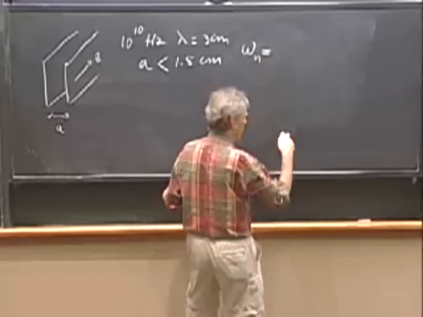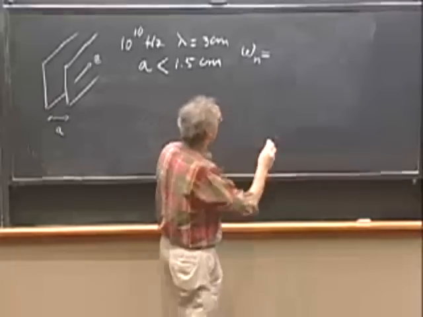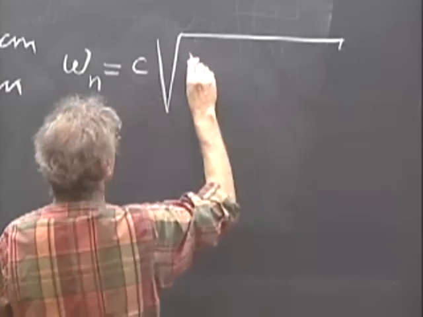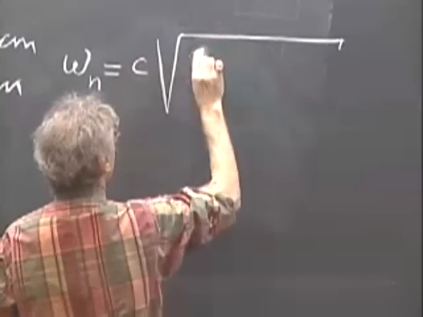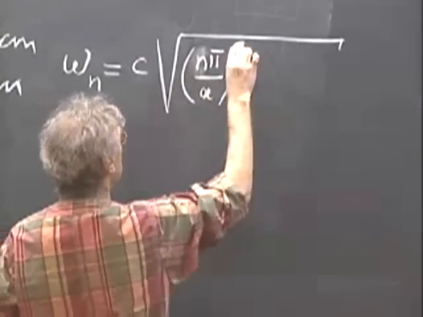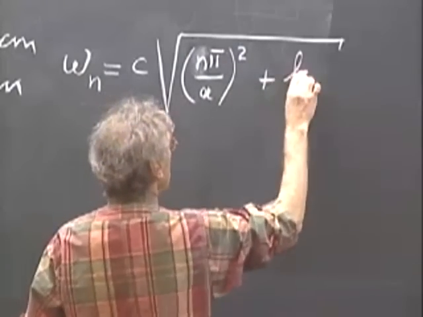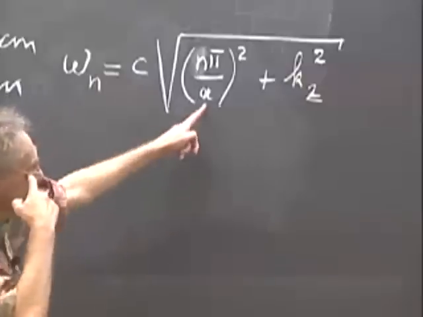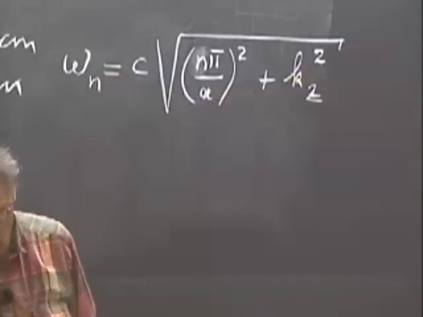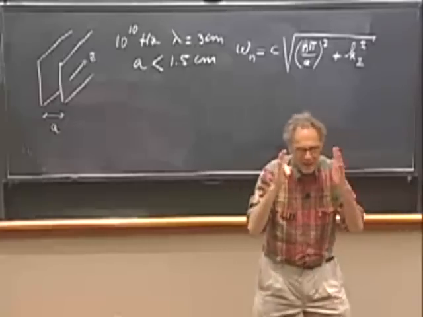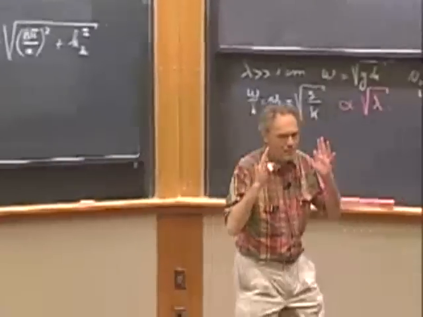Omega n, whereby n equals 1, 2, 3, 4, 5, equals c times the square root of (n pi divided by a) squared plus kz squared. Let's first look at this term. Even though you don't see directly where it comes from, you can connect to it already. It has to do with boundary conditions.